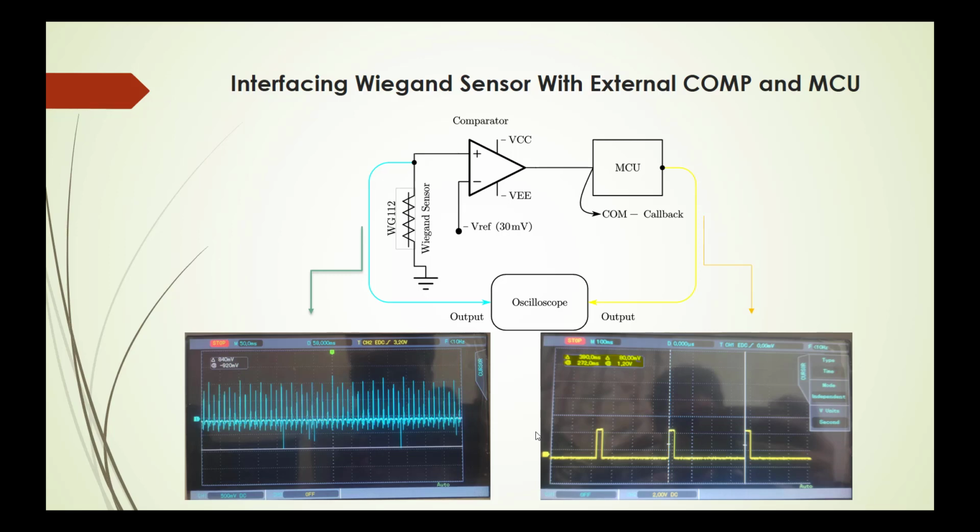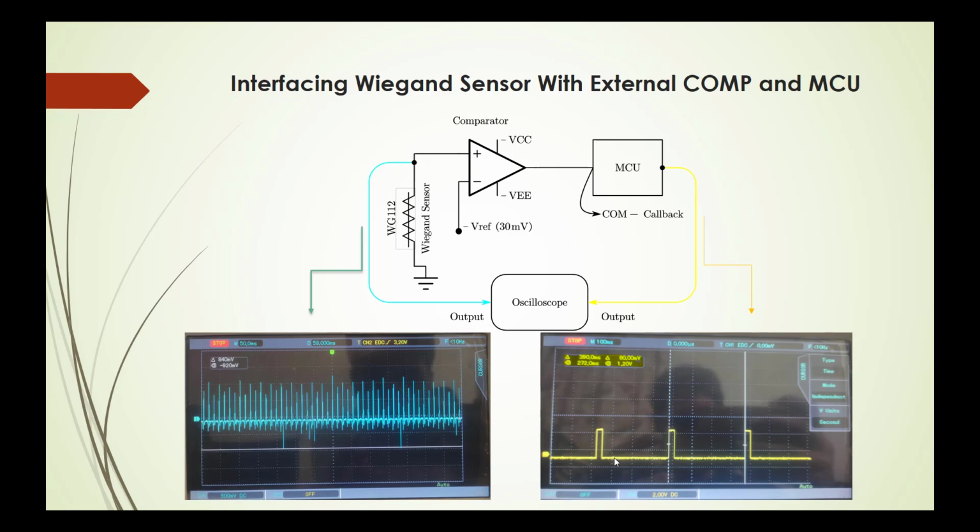You can see it is a very perfect signal, like this one, and this is the output voltage directly from the Wiegand sensor. Now you can connect this signal with the microcontroller, that I have connected here as well. You will not have any issue with this signal, okay?